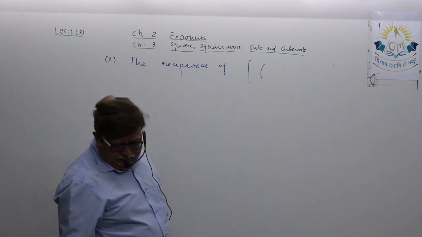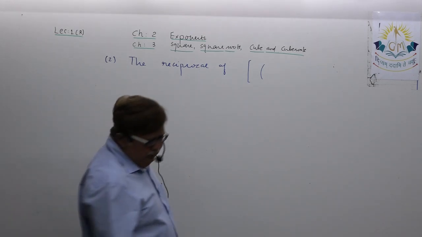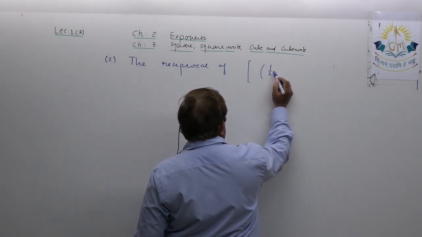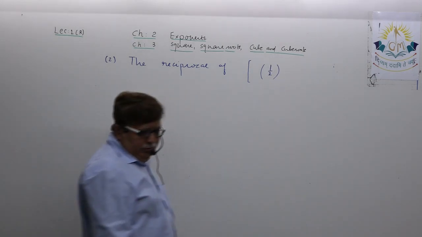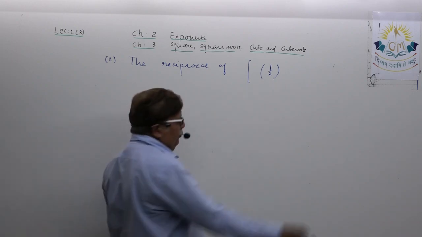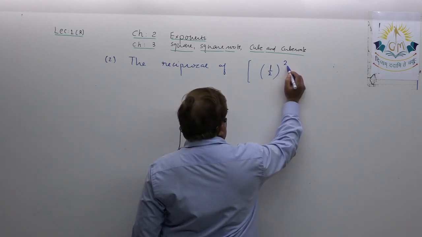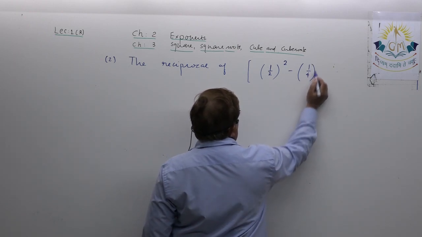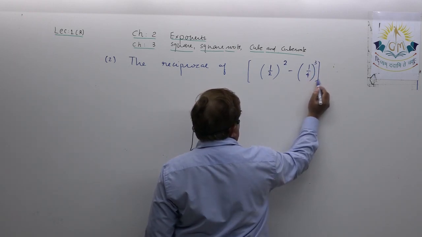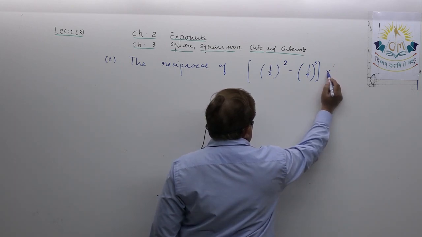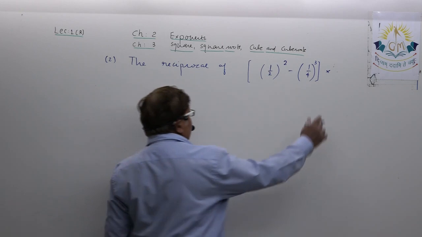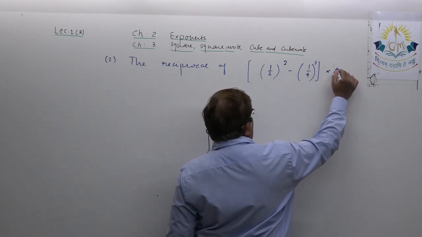reciprocal of (1 upon 2 raised to 2 minus 1 upon 4 raised to 3, bracket closed) multiplied by 2 raised to 3.